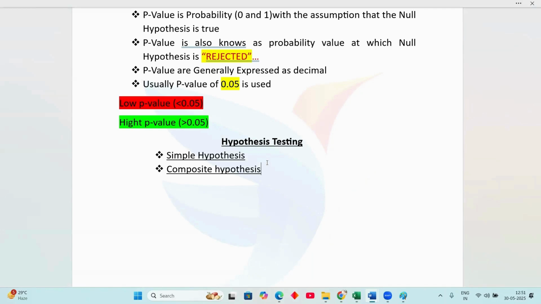The null hypothesis is shortly written as H0. H0 is nothing but the coefficient equal to 0, that is, the p-value equal to 0.